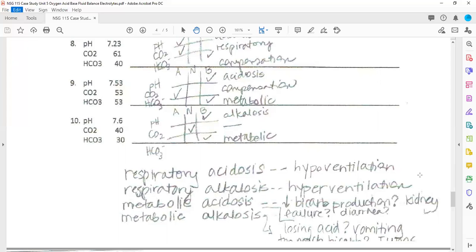Respiratory alkalosis, it's still the lungs. This is hyperventilation. So big deep breath, big blowout, big deep breath, big blowout. We're blowing off too much CO2, okay? Hyperventilation, we can think about situations that cause hyperventilation.